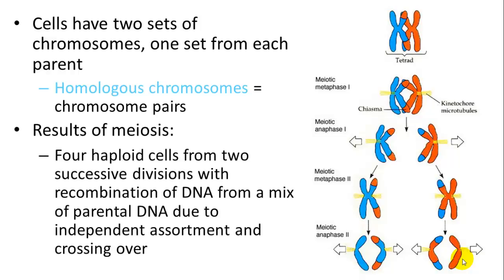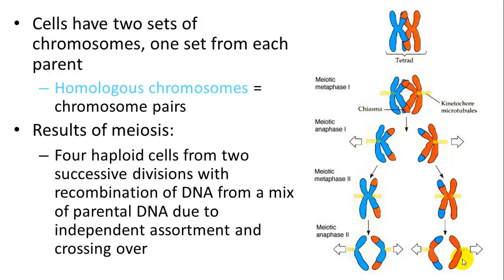So what happens in meiosis is you start with one cell. It doubles in DNA, goes through 2 rounds of cell division, and as it does that, it splits the chromosomes into 4 haploid cells, which are all unique due to events such as crossing over, where you have bits of the mother and father DNA switching between the chromosomes, and also independent assortment, where you have a mix of different types of chromosomes.